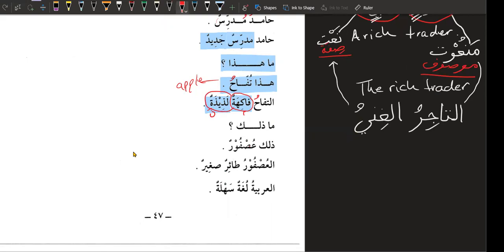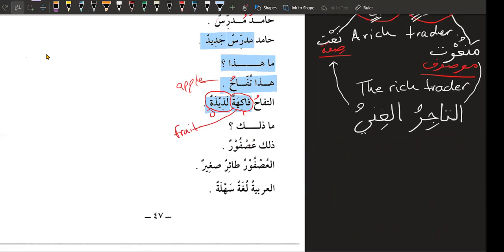So the apple is a tasty fruit. لذيذ is tasty, we've done it in the first lesson, I think, and فاكهة means fruit, as in Surah Abbas, وفاكهة وأبا.